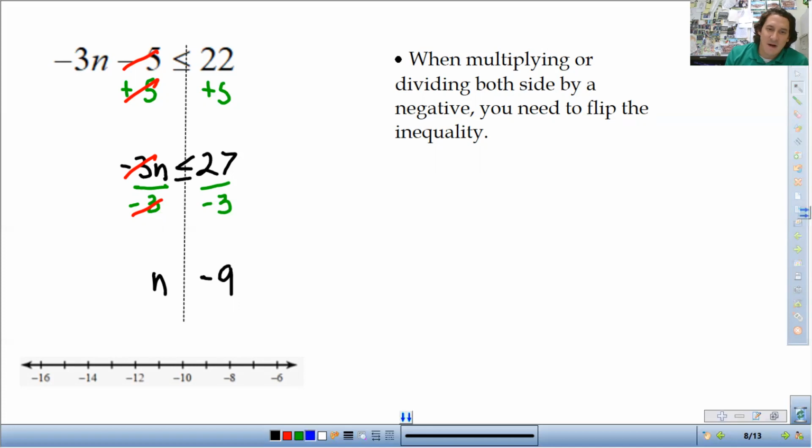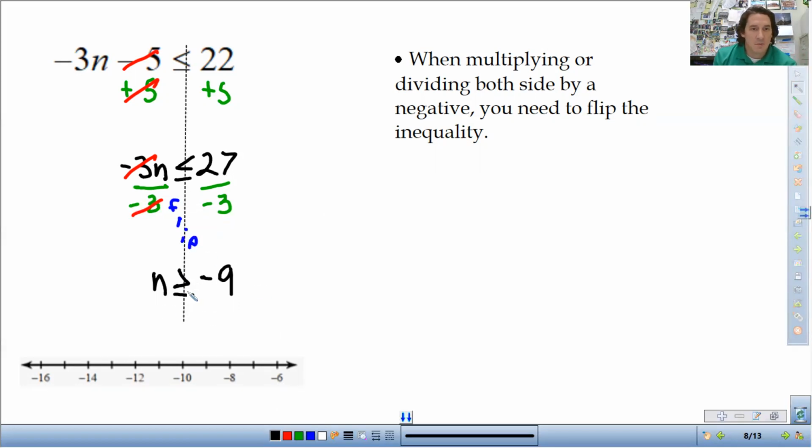Since I am dividing both sides, left side and right side, by a negative, I need to flip this inequality. So it's opening up this way, and I need to flip it to open up the other way. Now it says n is greater than or equal to -9. So if you multiply or divide by a negative, flip the inequality.